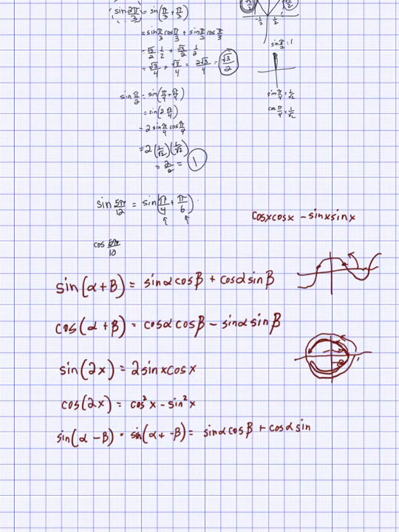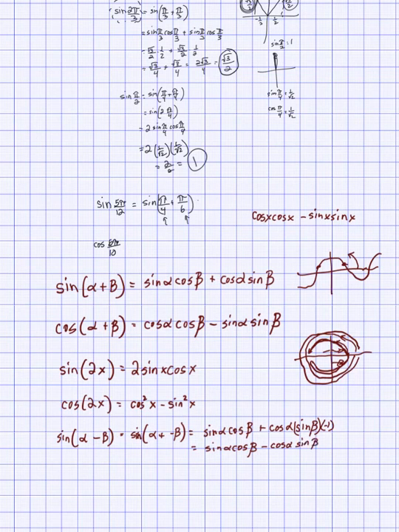If you go the other way, it goes negative, negative, positive, positive. So it's just going to be the opposite. This is going to be negative sine of beta, right? So it's going to be that times negative 1. So that we could just write as sine alpha cos beta minus cos alpha sine beta.